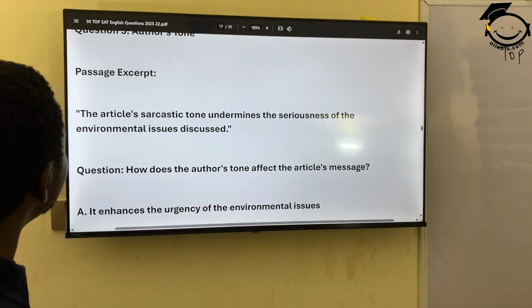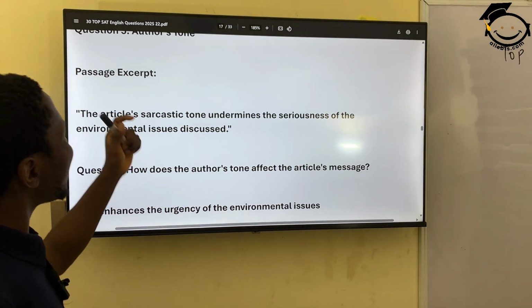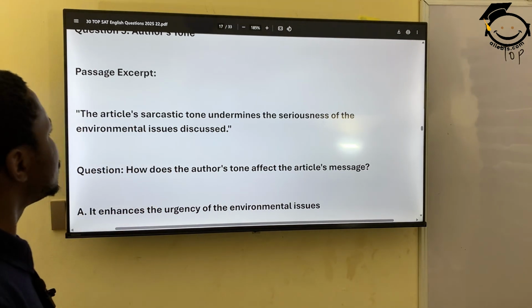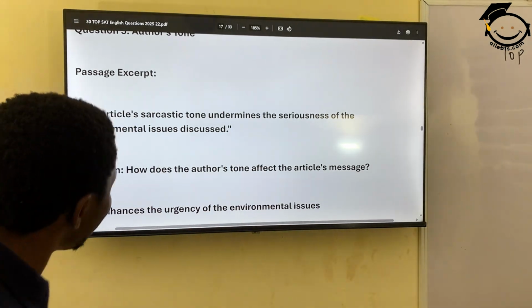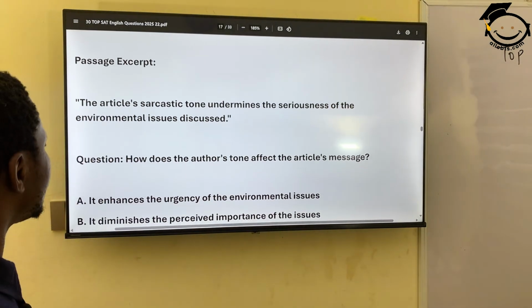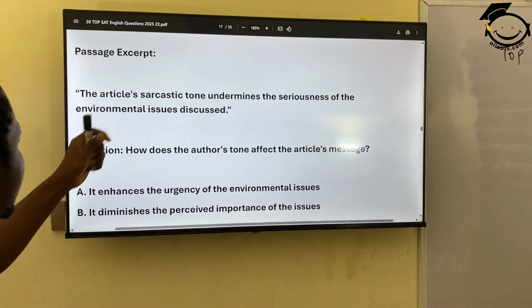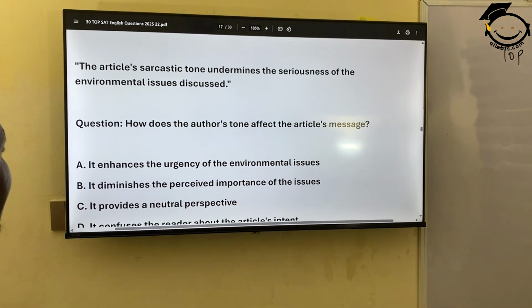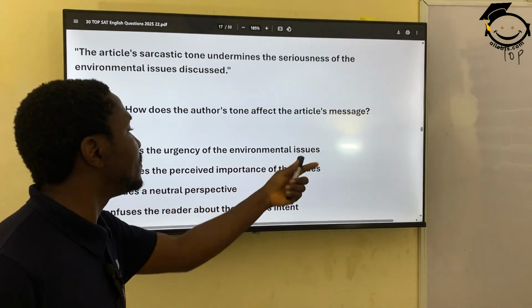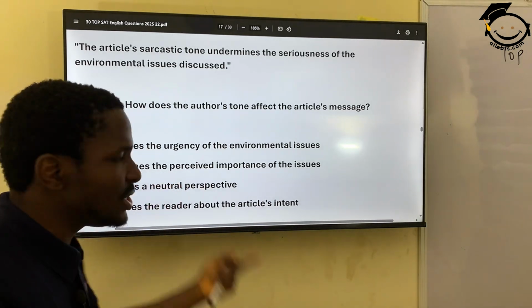And we are taking that a passage excerpt. The article's sarcastic tone undermines the seriousness of the environmental issue discussed. Sarcastic tone, unserious tone. So, question: how does the author's tone affect the article's message? It enhances the urgency of the environmental issue. It diminishes.